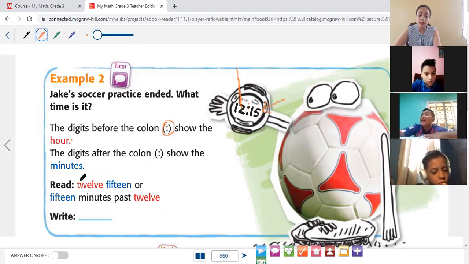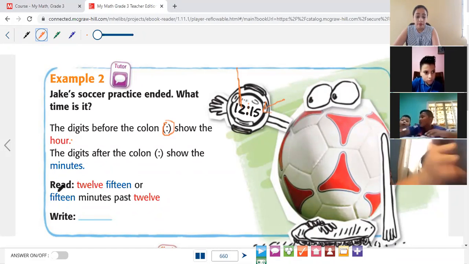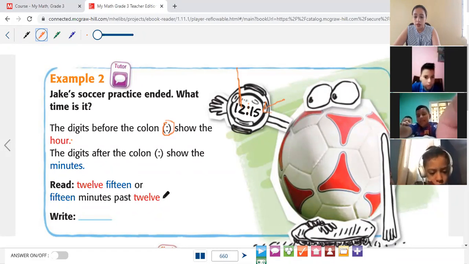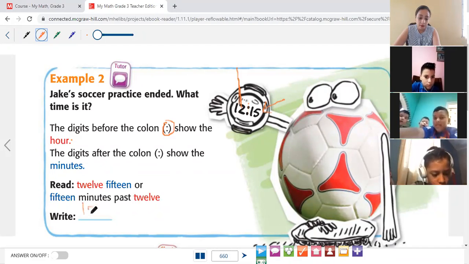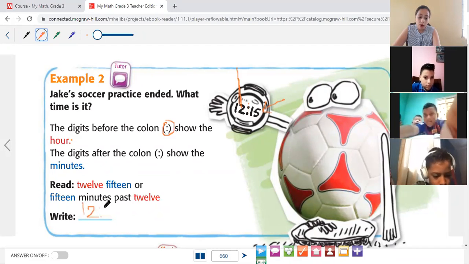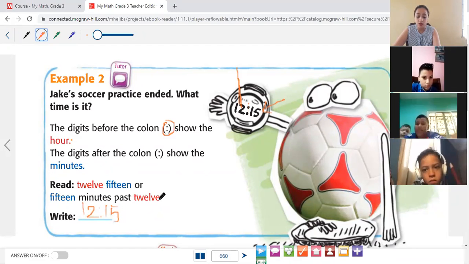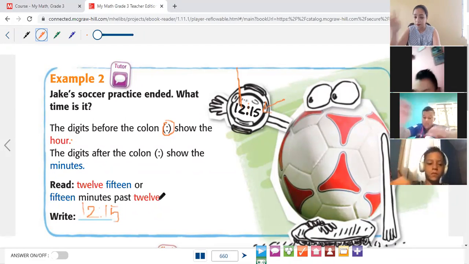Jake's soccer practice ended at, first we write it in words, 12:15 or 15 minutes past 12. Now we write the time in numbers. So everyone write on the line 12:15.